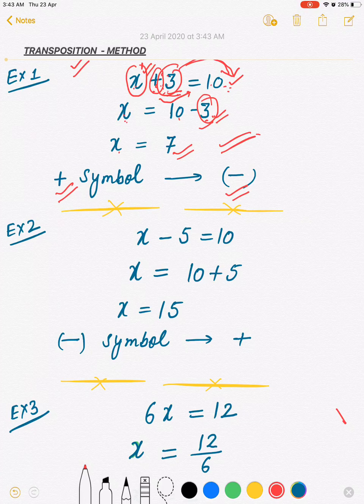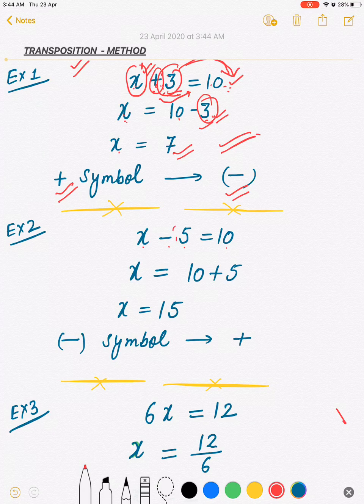Now let us take one more example. This is the equation, x minus 5 equals 10. So children, हम क्या करेंगे? ये minus 5 है, इस minus 5 को फिर से हम transpose करेंगे दूसरी side में.